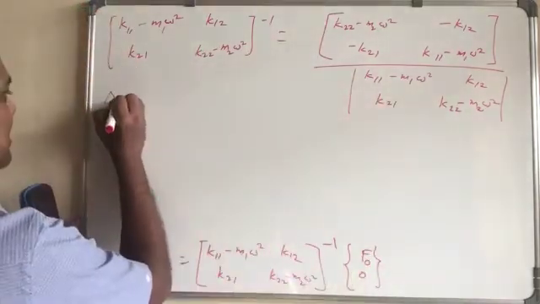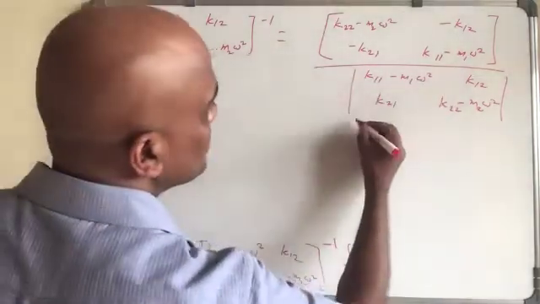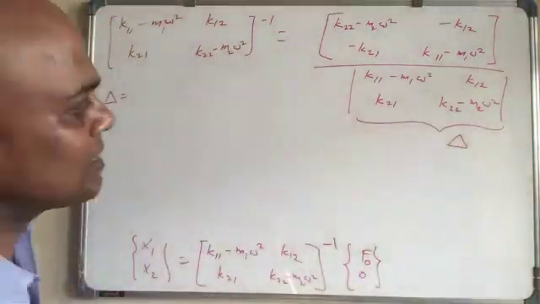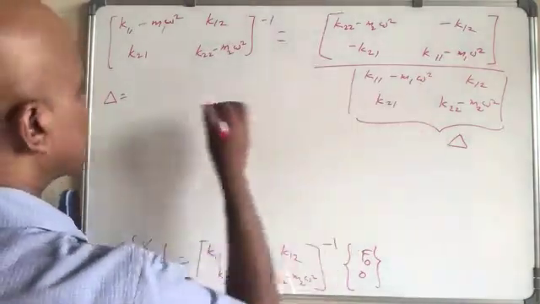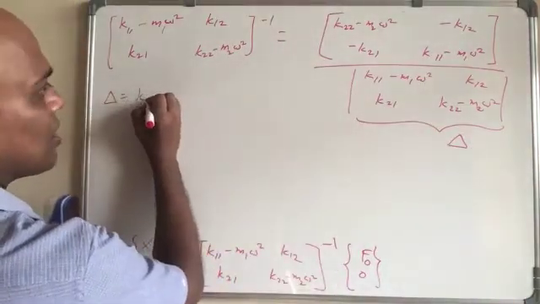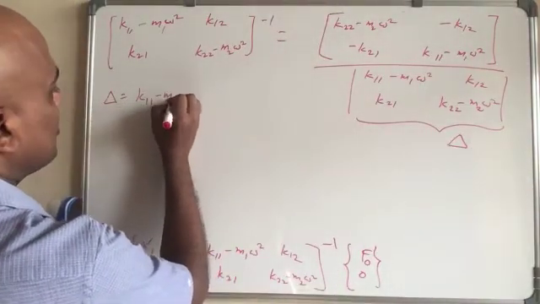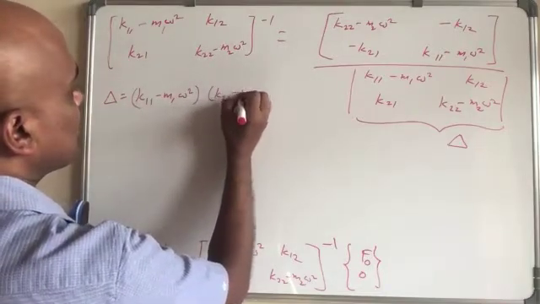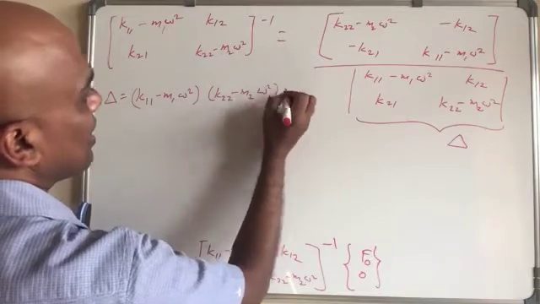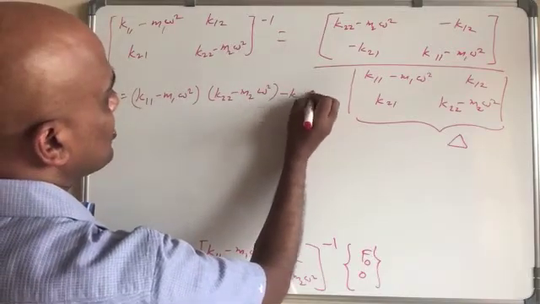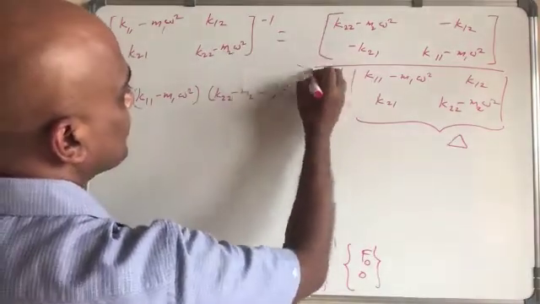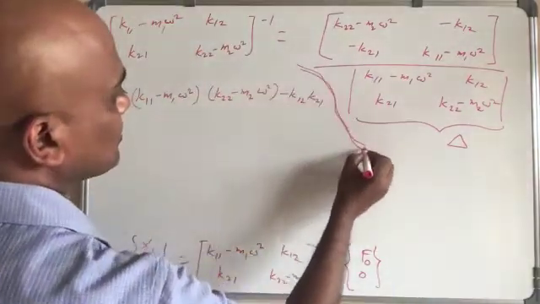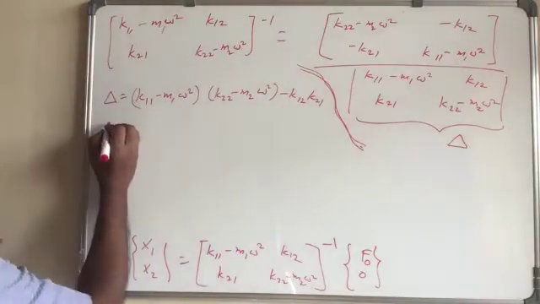Let's write del here; the whole thing is the determinant, so this is del basically. So this determinant del will be equal to k11 minus m1 omega square multiplied by k22 minus m2 omega square minus k12 k21.